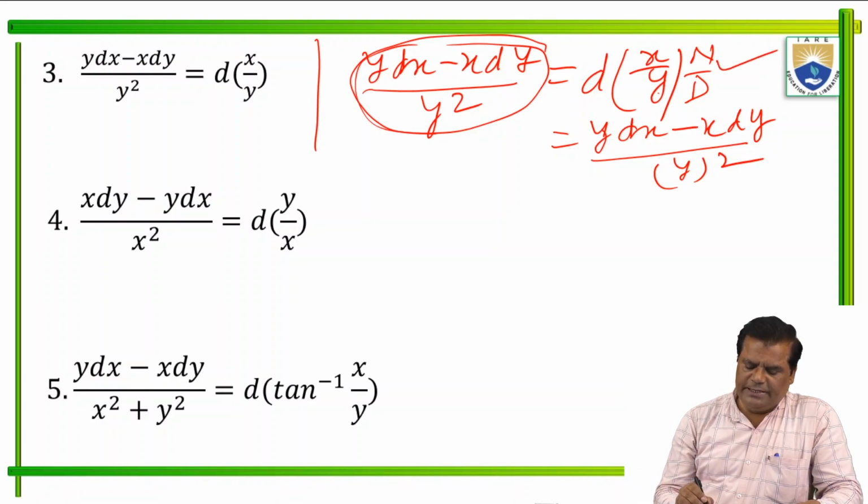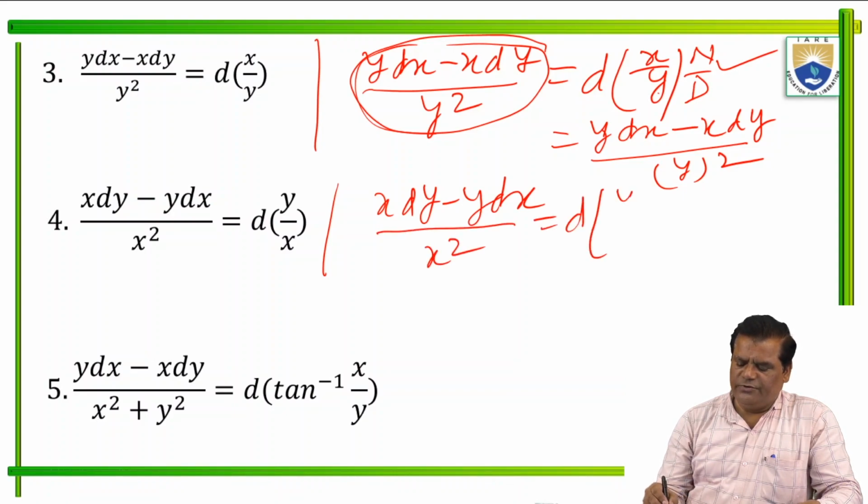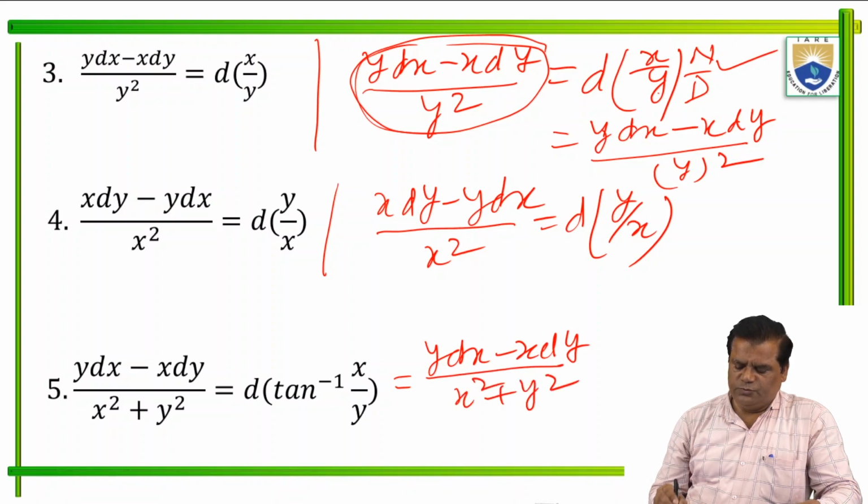Similarly, the next formula: x dy minus y dx upon x square is the differential of y upon x. Next formula: y dx minus x dy upon x square plus y square is the differentiation of tan inverse x upon y.